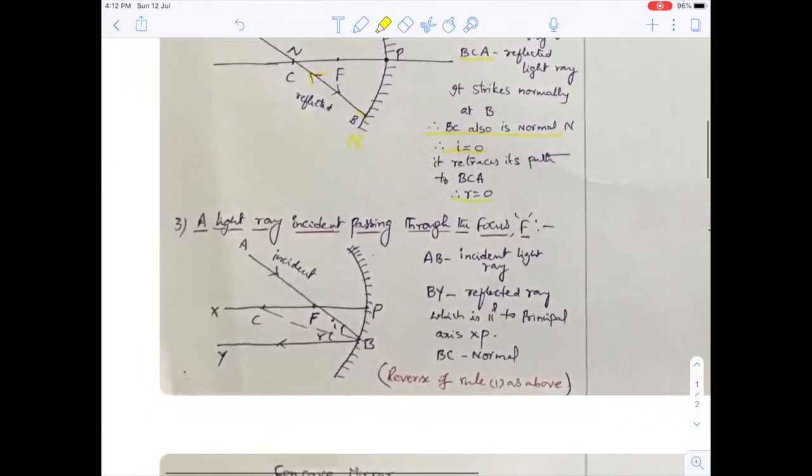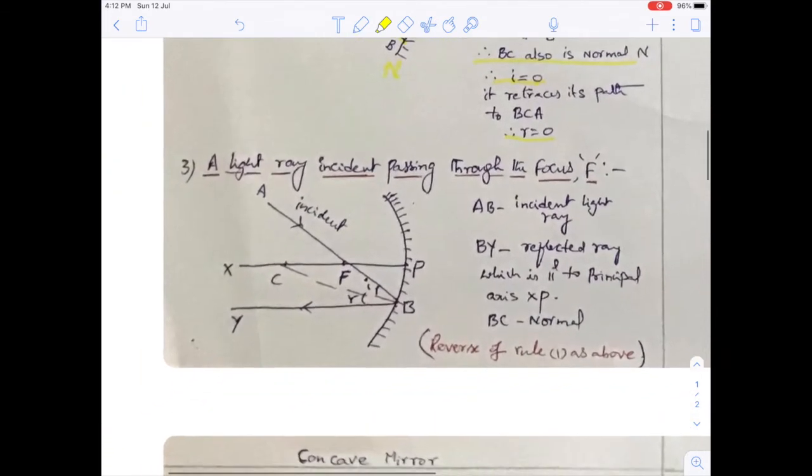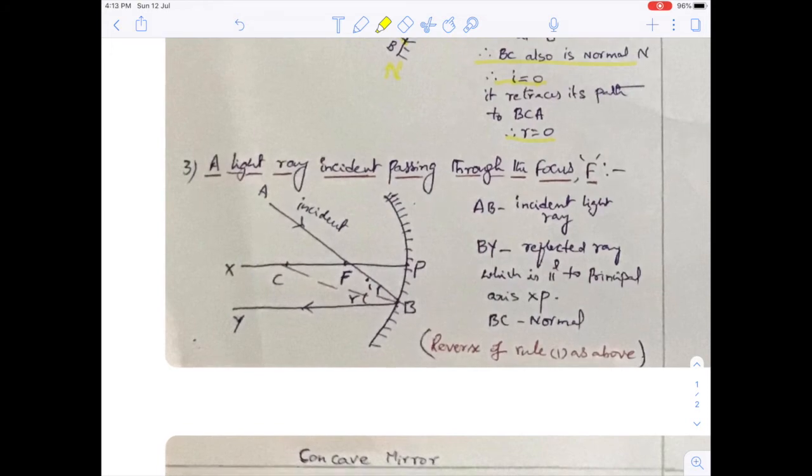Then the third rule, again for the concave mirror we are discussing, is a light ray incident passing through the focus F. Now look at this. We have the principal axis just like what I discussed earlier, XP, F is the focus, C is the center.